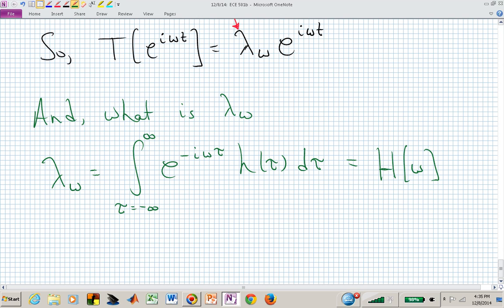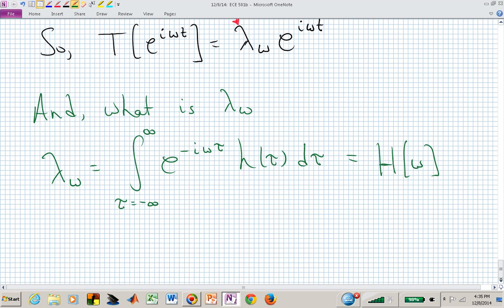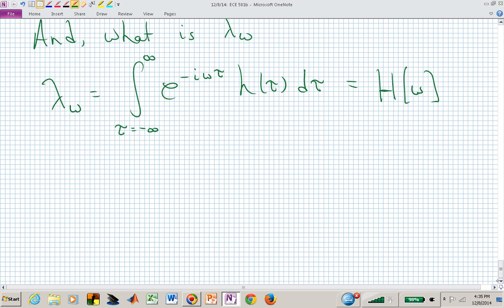If you just looked at discrete values of frequency, then you would start to see this sort of eigenvalue, eigenvector, finite idea. But now, since it's continuous, instead of summing, we're now integrating, or the summation process is this integral. So now we have a way of thinking of this operator, this convolution operator, as T of e to the i omega t is now H of omega e to the i omega t.